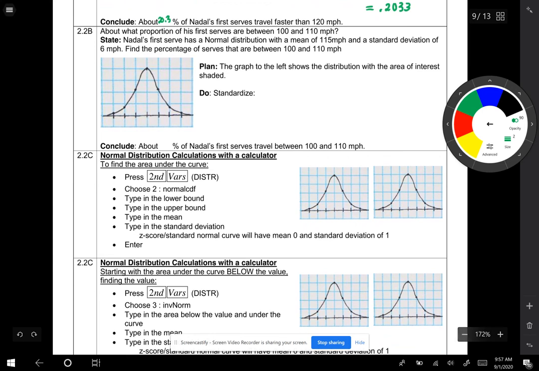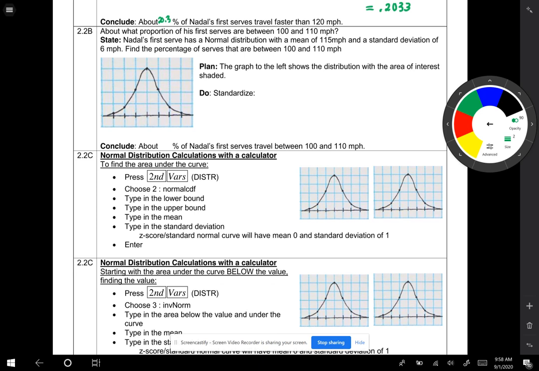Let's do our last question, and then you're going to do 2.2C and D on your own, which is using the graphing calculator. And I'll walk you through all that with a separate lesson. About what proportion of his first serves are between 100 and 110 miles per hour? So for this, Nadal's first serve has a normal distribution with a mean of 115 and a standard deviation of 6 miles per hour.